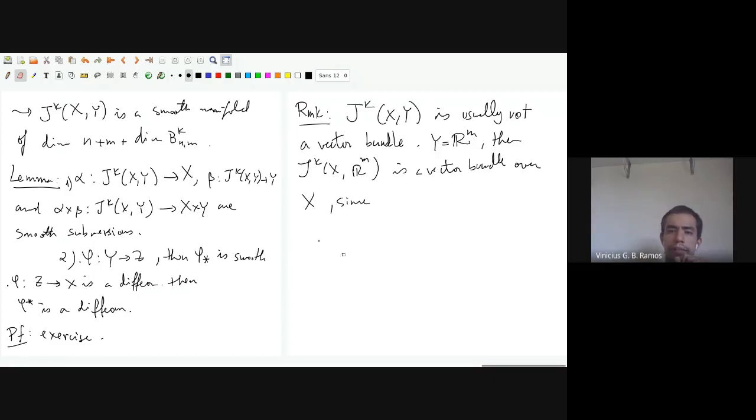So define the sum of two jets to be the jet of the sum. Okay, and it's pretty easy to see that this doesn't depend on the choice. Okay.